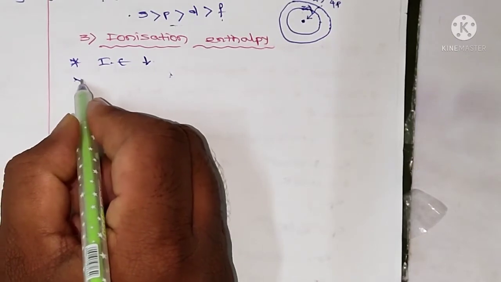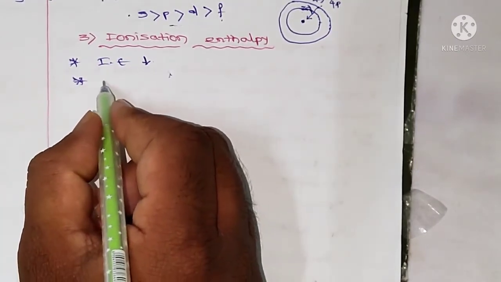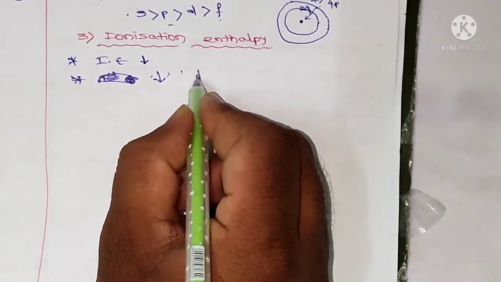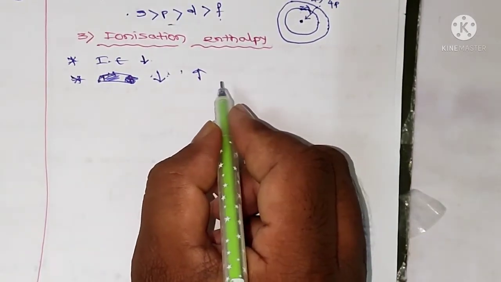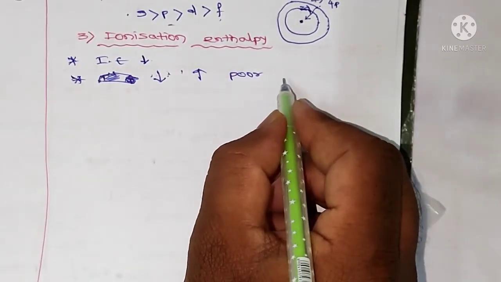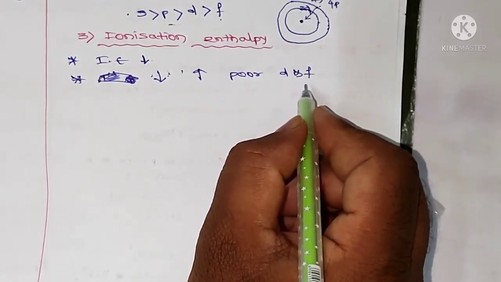But in the 13th group, the ionization enthalpy first decreases, then increases, due to the poor shielding or screening effect of d and f orbitals.